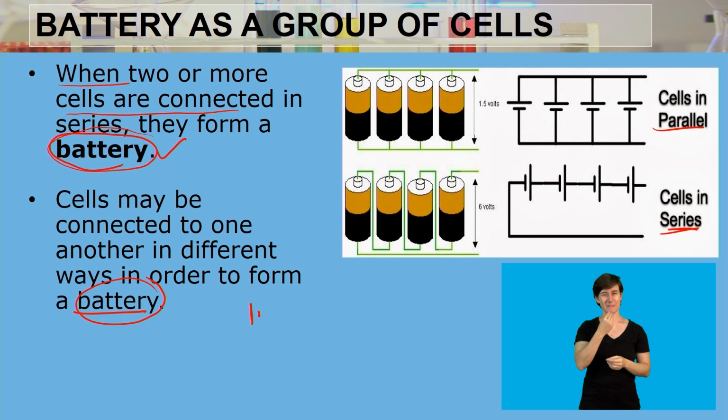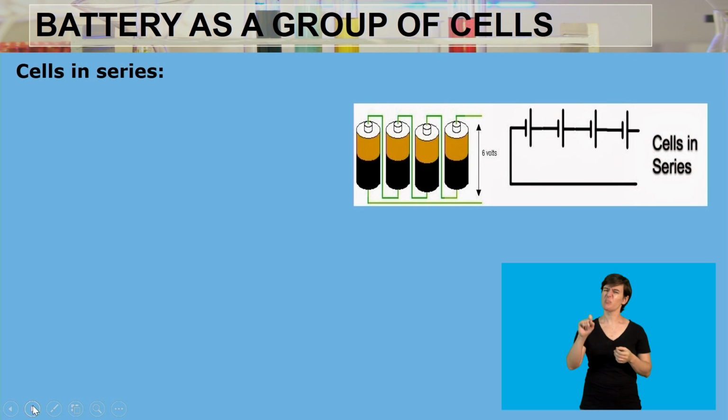As we can see on this picture, negative to the negative and positive to the positive in a parallel connection, whereas in series it's negative connected to a positive, and then that positive connected to a negative, up until you form the battery that contains the number of cells that you want.